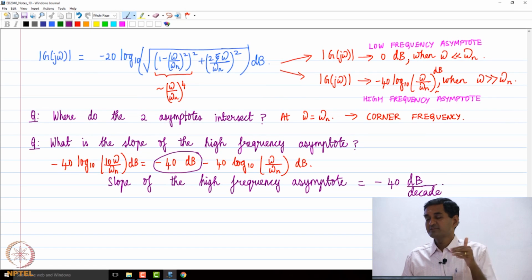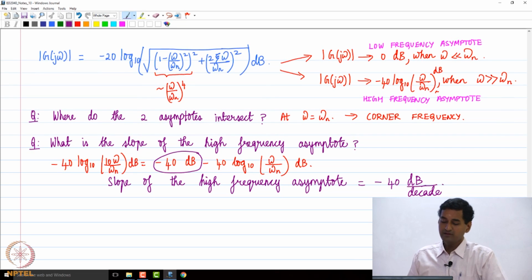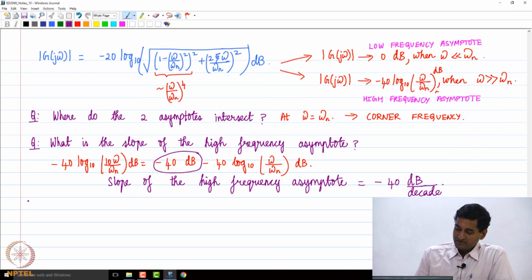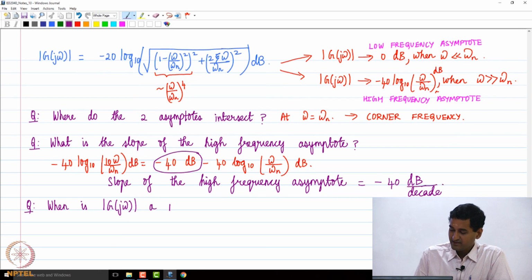As frequency increases, the magnitude decreases at minus 40 decibels per decade. That is important. Now, another question we are going to ask ourselves is, when is the magnitude of g of j omega a maximum?